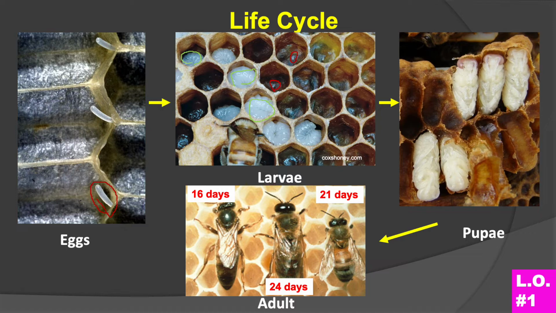So after the larvae have fully developed, they're ready to undergo metamorphosis, and the worker bee will cap the cell, essentially making a cocoon for the bee to develop in. And here the bee is undergoing its final stages of development. At this stage, we refer to it as a pupa.